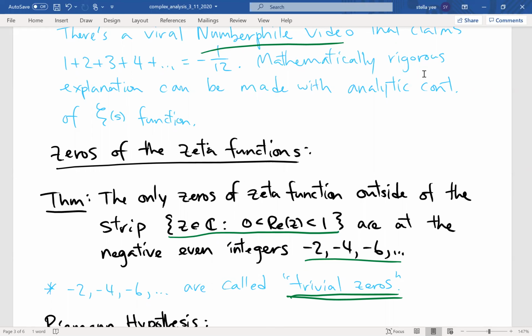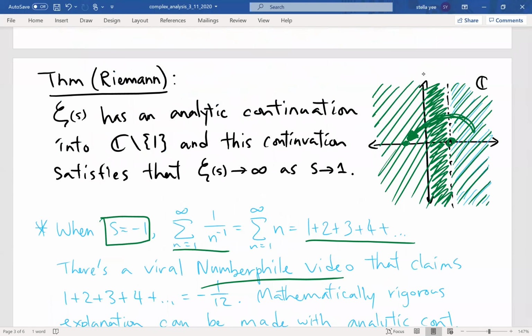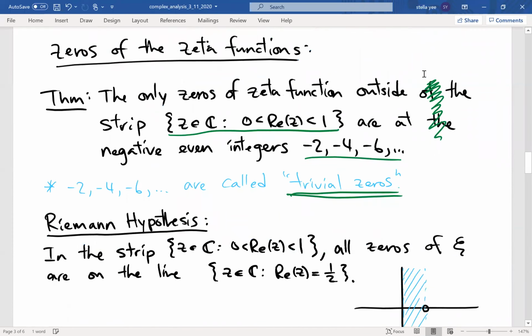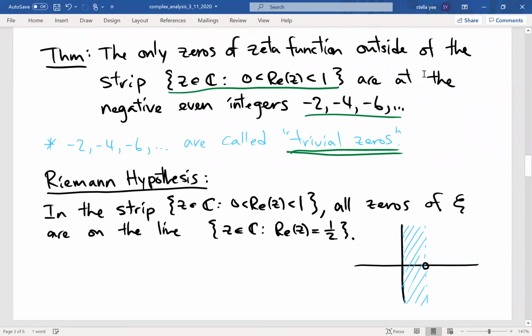What's interesting is the zeros within the critical strip. Okay, and this is where the Riemann hypothesis comes in. So in that critical strip, all of the zeros of the zeta function lie exactly on the line real part of z is equal to 1/2.